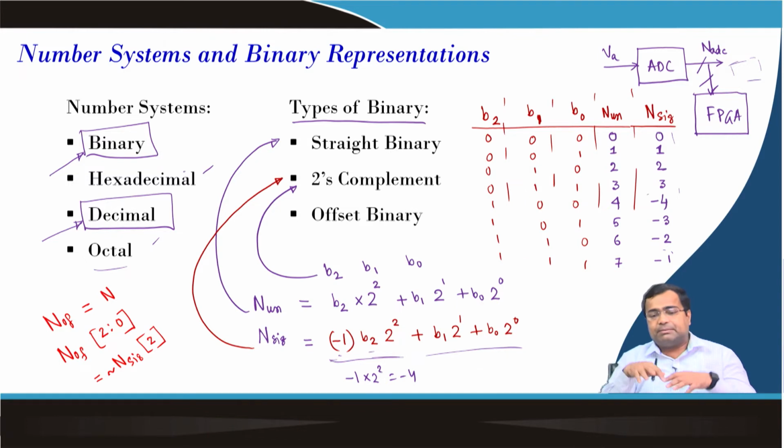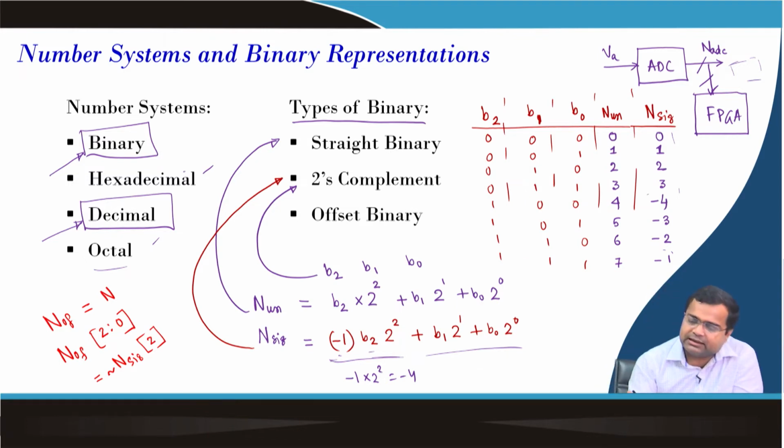That means, you are simply inverting the MSB, whatever bit you get, it will be simply inverted, and then the rest of the bits are concatenated, the signed number bits 1 and 0.